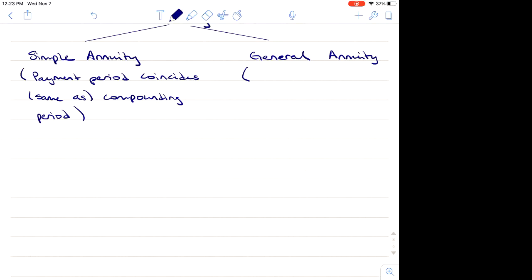Whereas a general annuity, that's going to be more likely on a test. We start with a simple annuity so we don't have to deal with adjusting the interest rate. But we already know how to do it, so we could just skip straight to general annuities if we wanted to. That's where the payment and compounding periods are different.